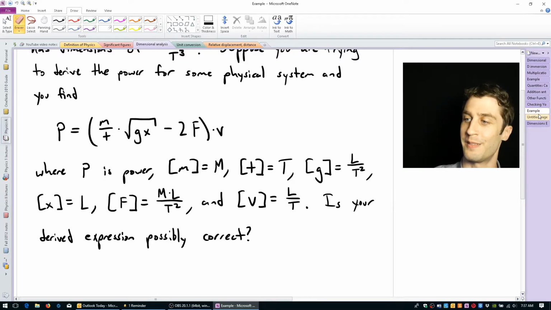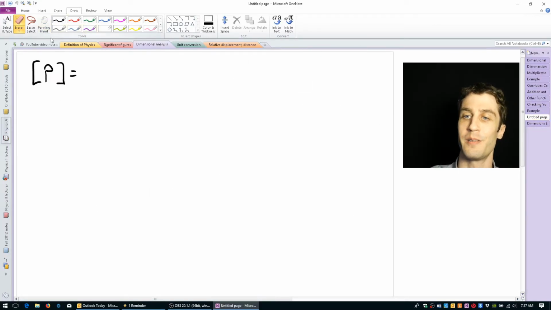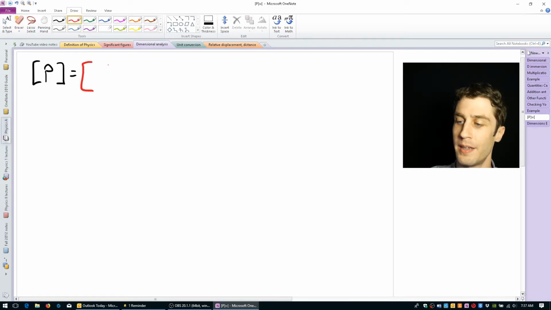Well, let's find out. So I'll find the dimensions of P, and that's the dimensions of mass divided by time, or m divided by t, square root of gx minus 2f, that was in parentheses, times v.